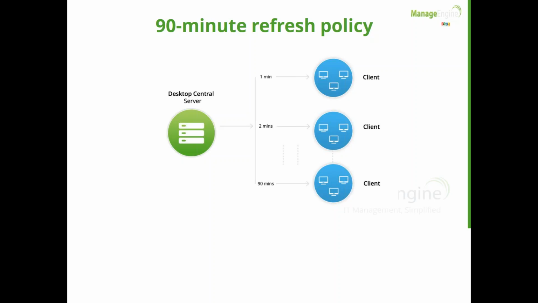And going forward with a large network of 9,000 computers, 100 machines will reach out to Desktop Central per minute. The objective here is to help you contact the server without affecting your network bandwidth and network overhead.